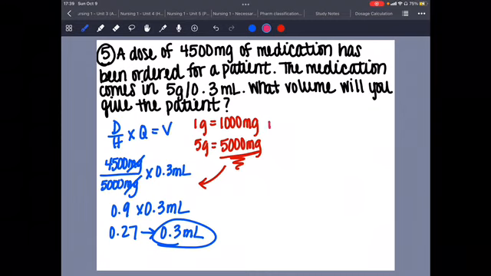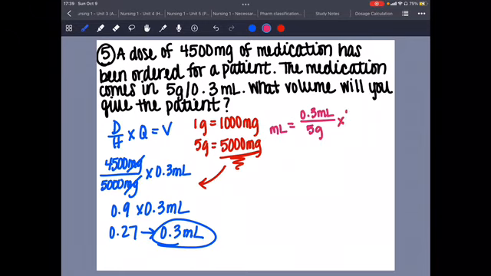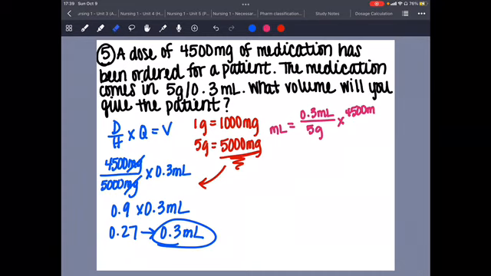All right, now for the dimensional analysis part, we're going to set it up the same way. So we got that ml. So we got 0.3 mLs. And then we have the 5 grams times 4,500 milligrams.